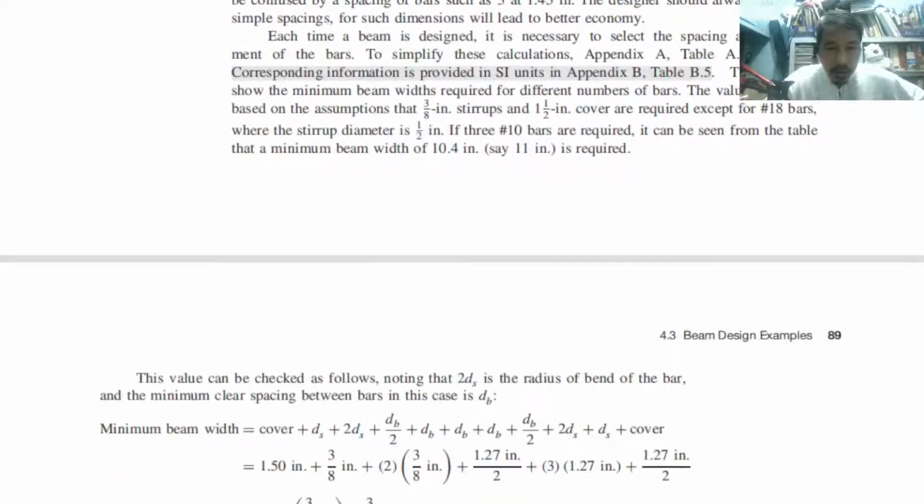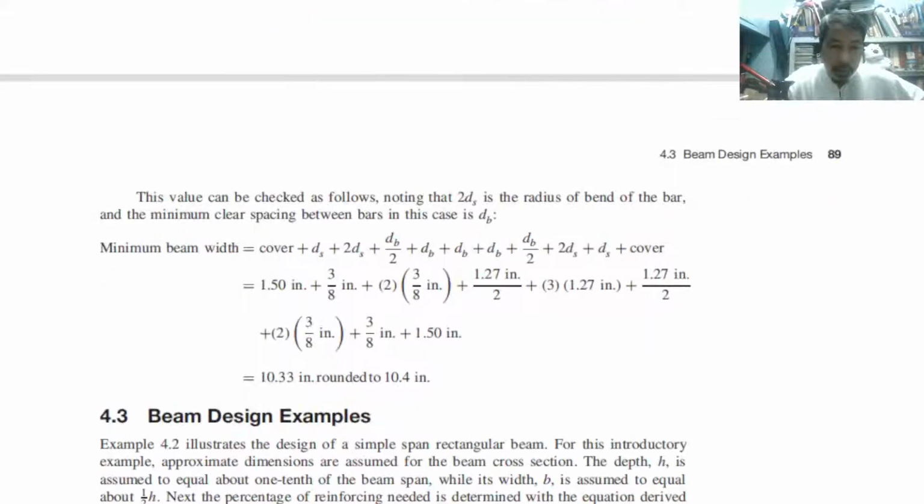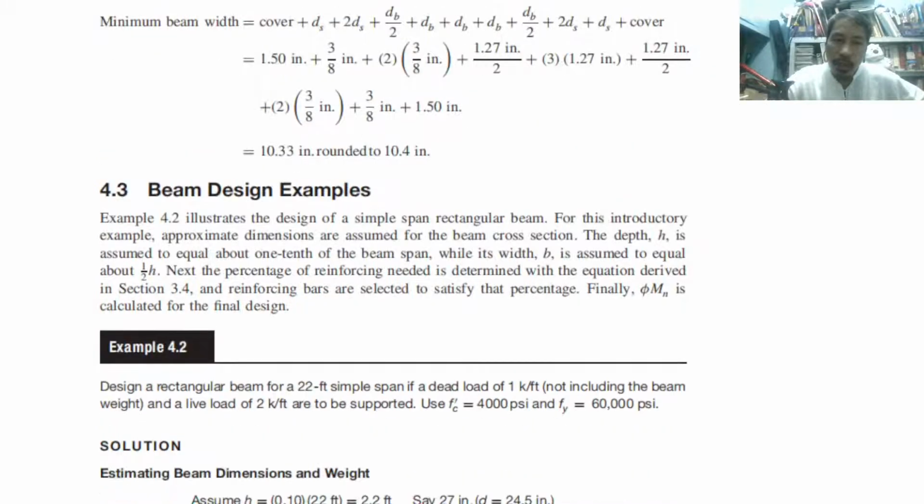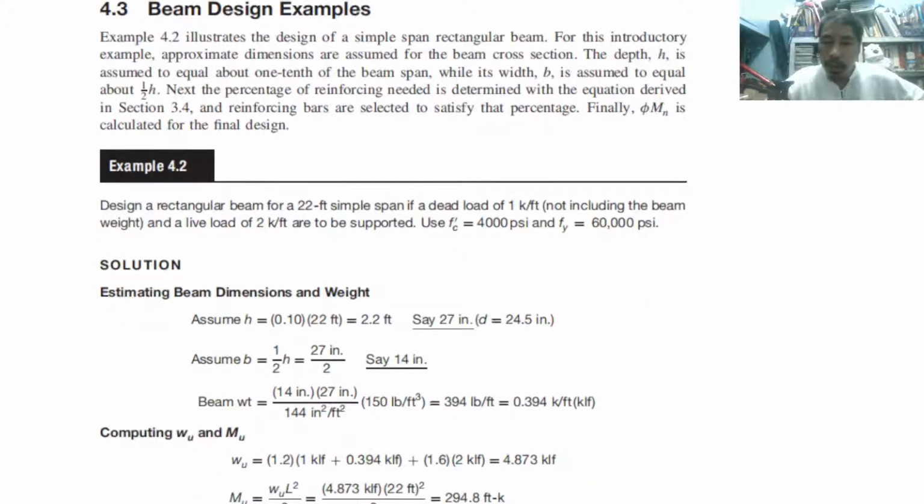So let us do some example computation here. Computing the minimum beam width from the cover, spacing and so on. We need to determine how many pieces of reinforcing bars we need, because we have a problem of spacing.